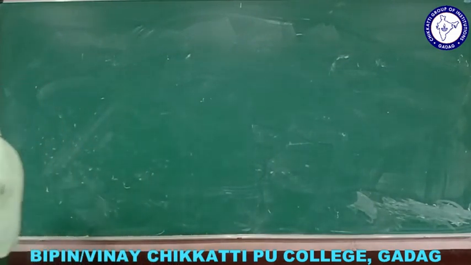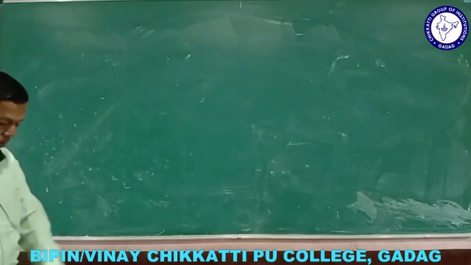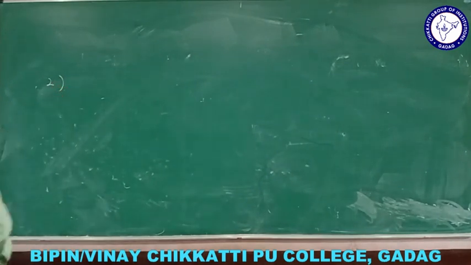If A intersection B is a null set, n of A union B is equal to n of A plus n of B. Now what is the second formula? That is also considerable in this case.